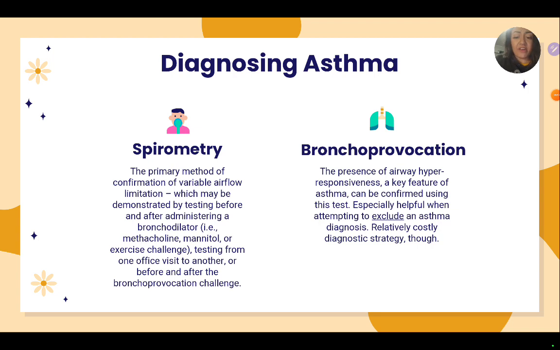Spirometry is the primary method of confirmation of variable airflow limitation, which may be demonstrated by testing before and after the administration of a bronchodilator, testing from one office visit to the next, before and after exercise, or before and after the methacholine bronchoprovocation challenge.